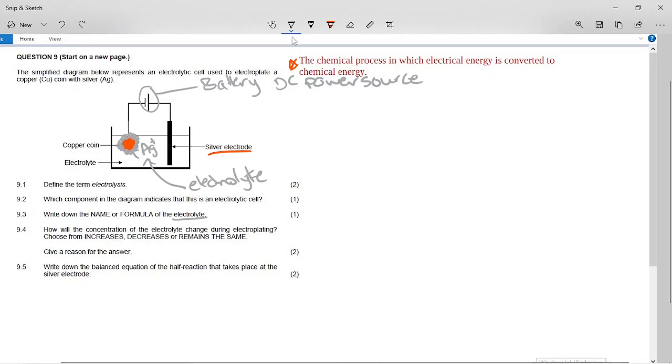Look at the battery here. This side is going to be negative. This side is going to be positive, based on the way the battery is drawn. So all of my positive ions in solution are going to be forced to this negative side, where they will be given electrons and undergo a chemical change. And what happens is the silver ions in solution become solid silver on the coin.